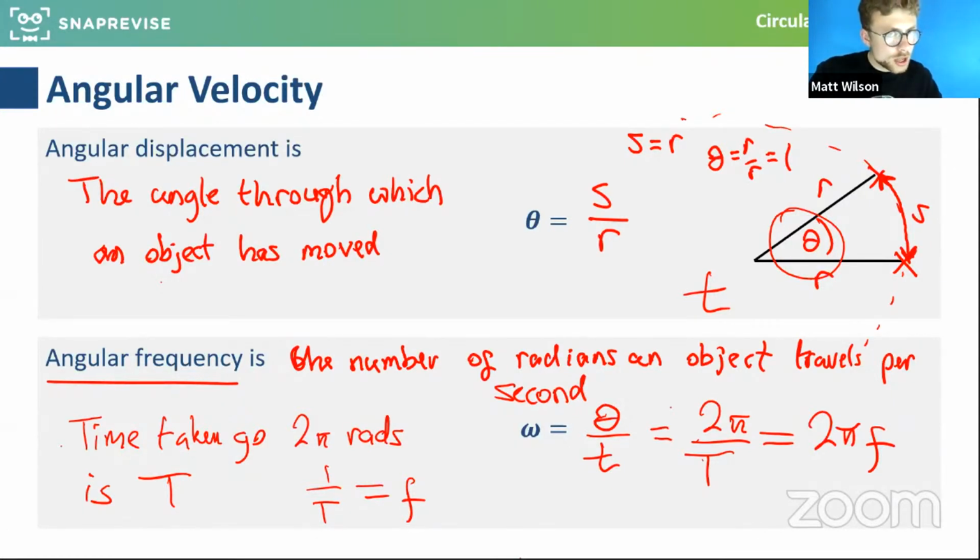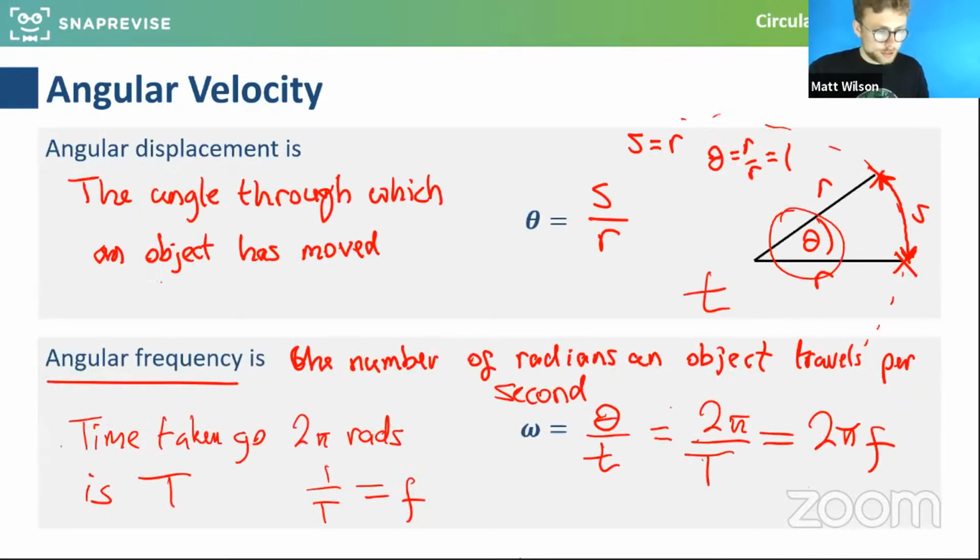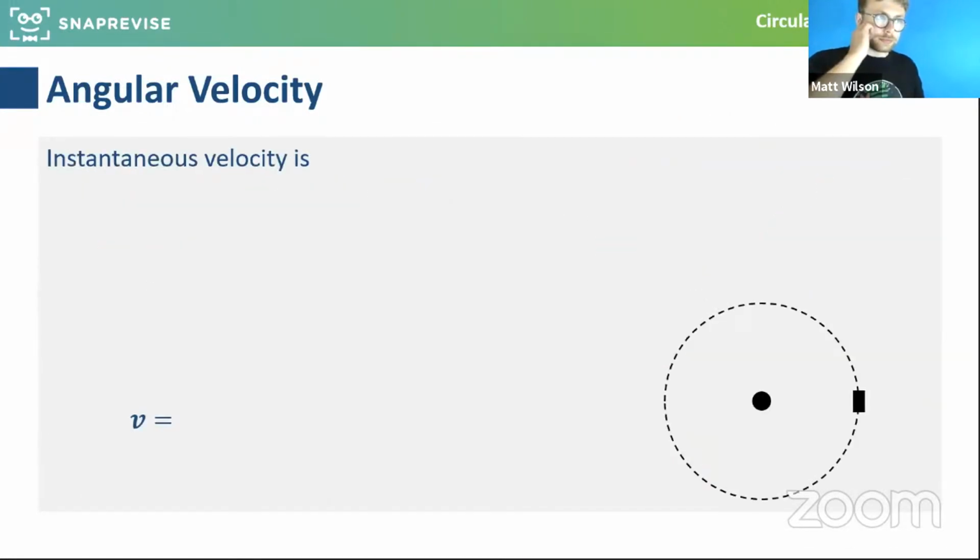So the last bit of learning that we need to do before we do some exam questions is about angular velocity. In particular, it's about converting between angular frequency and essentially normal velocity. So we're going to talk about the term instantaneous velocity.